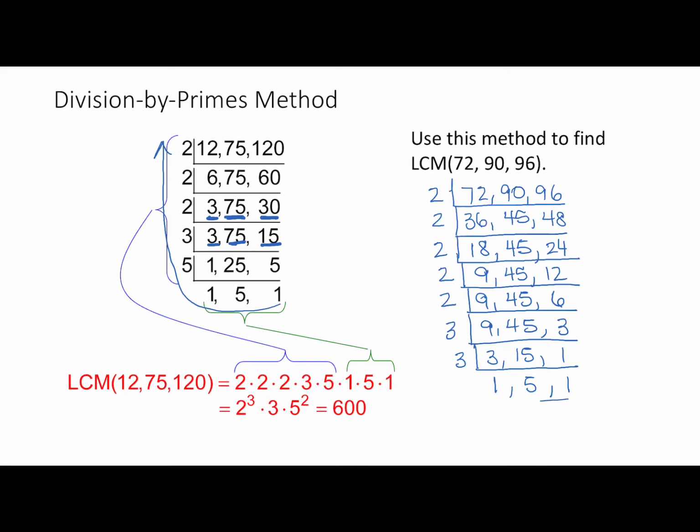And now I'm going to take the product of all of these numbers. So I have 1, 2, 3, 4, 5 2's. So 2 to the 5th times 3 squared times 1 times 5 times 1. And that's going to give me 1,440. And that's my least common multiple.